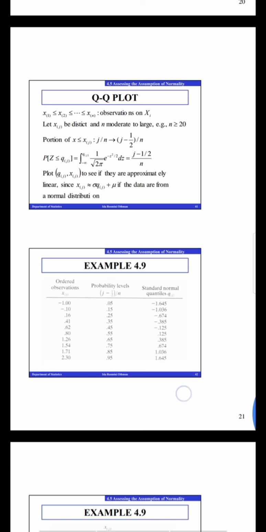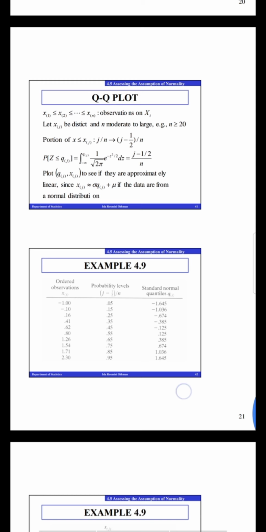Okay, so steps to plot the QQ plot ada dekat page 179 in the textbook, at the bottom of page 179. So kalau you tengok kat situ, the first step adalah order the original observation of x and their corresponding probability values.